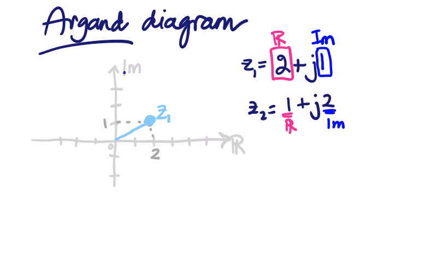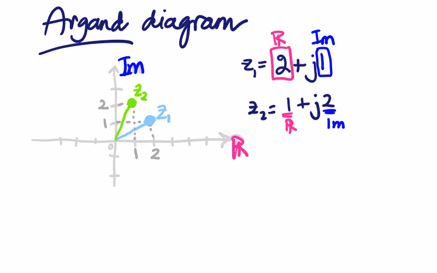I'll even color code that here, the imaginary part there, and the real part here. So real part 1 and imaginary part 2. Let's link those two, and there they are. Draw the line, this is Z2.